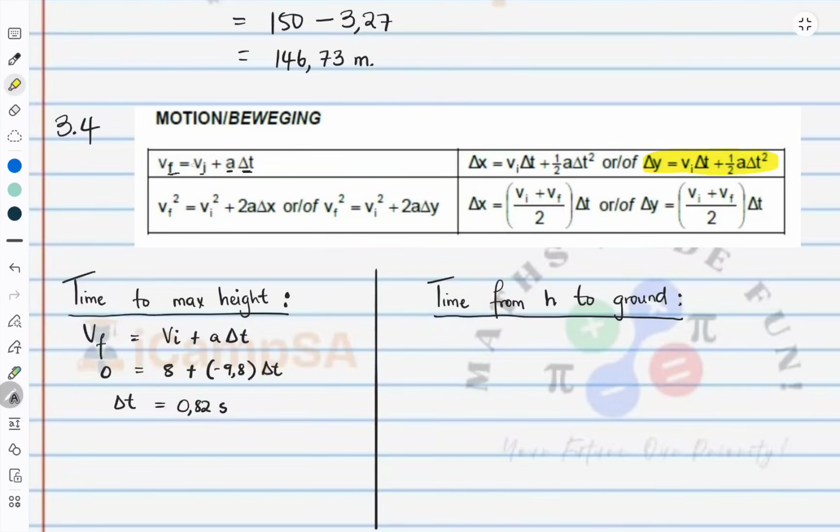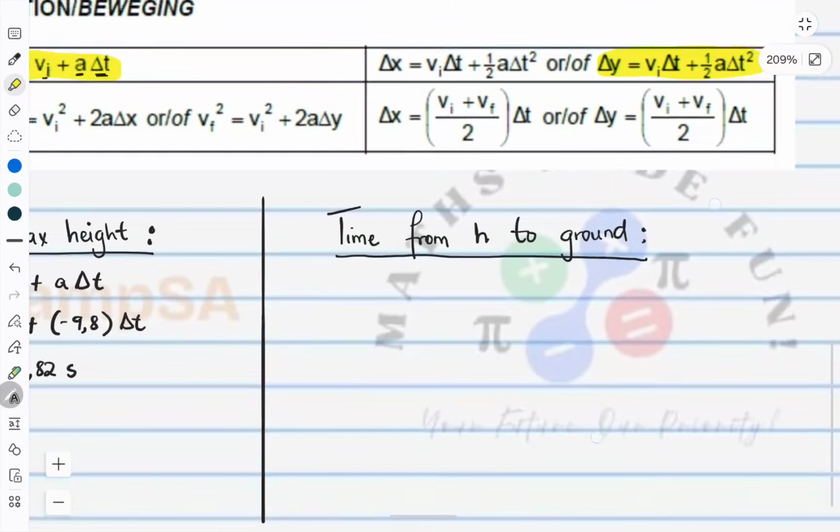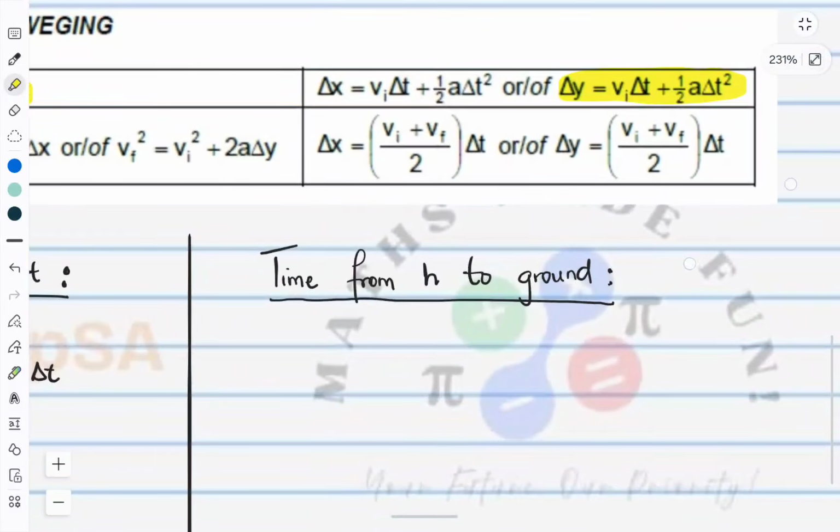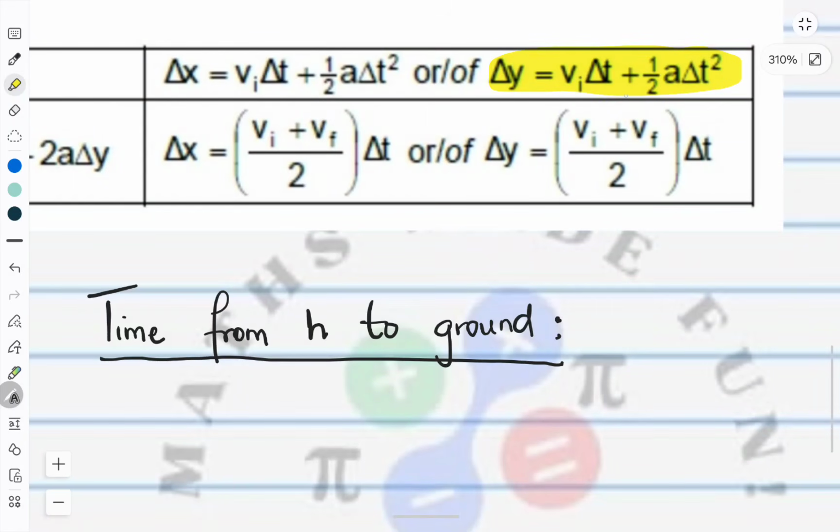I'm highlighting the equations we've used so far, those two. So we already know delta y, we know vi, we can find the rest. Okay. All right, so from H to ground. So now if I go from H to ground, I will have Vi and then delta T. But if you notice that will give us a quadratic equation, and then you have to use a quadratic formula.